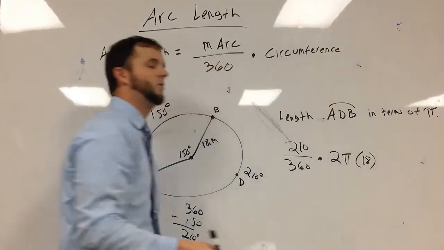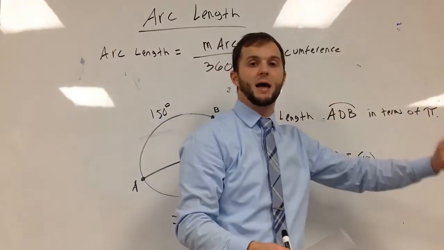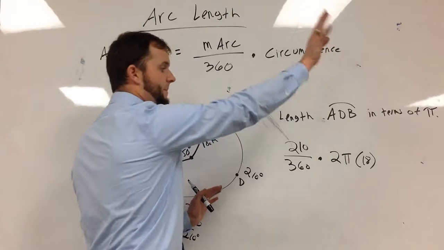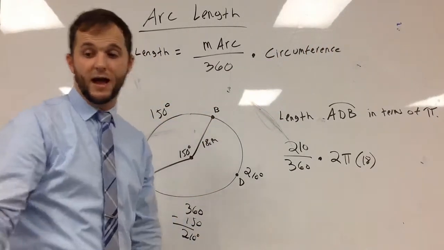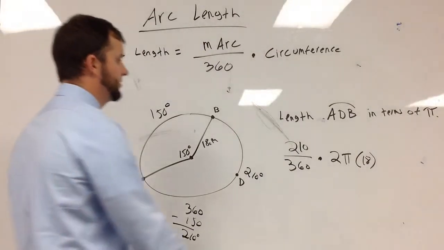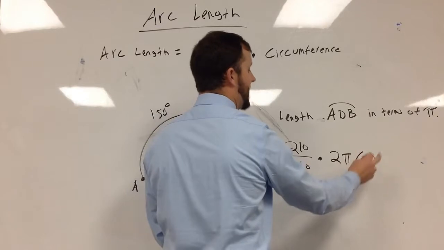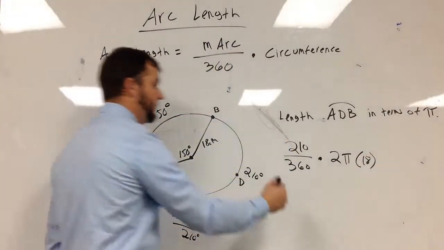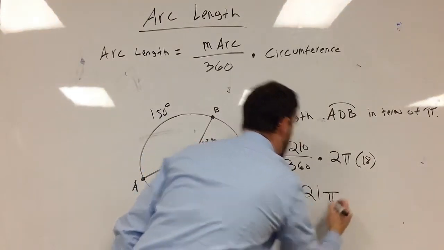And if you look over here in the corner, it wants me to find the length in terms of pi. So what I'm going to do now is forget about the pi symbol and multiply everything else. If I took my calculator and multiplied out 210 times 2 times 18 and multiplied everything through, your answer would come out to be 21 pi.